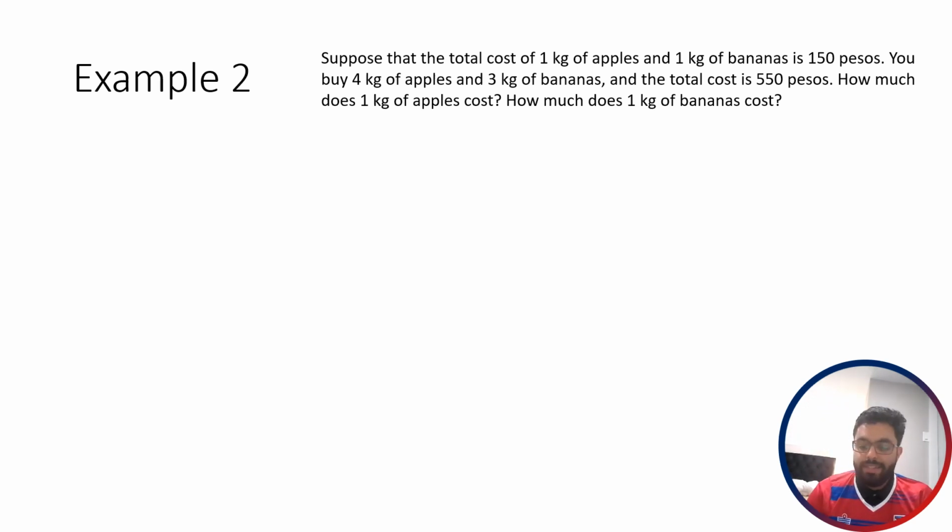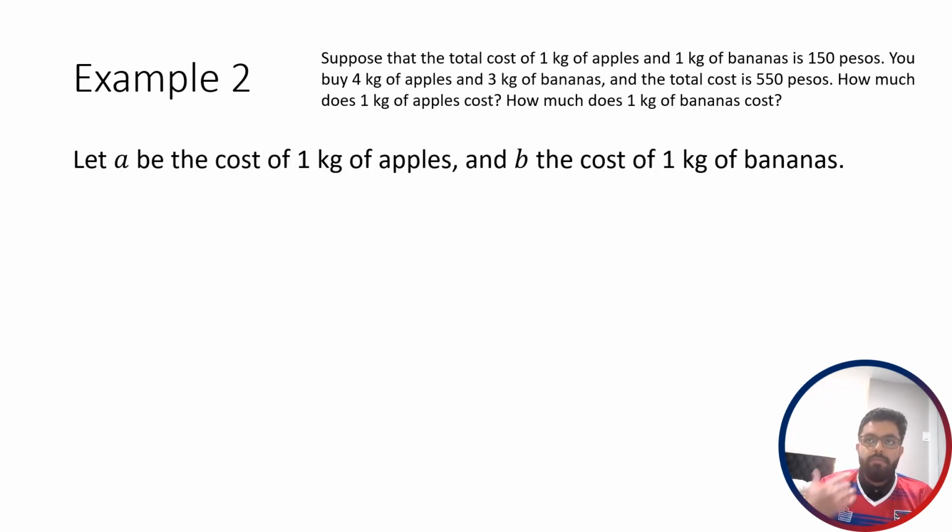I have to write a let statement. I have to say what I'm using each letter for so that somebody else who comes and reads my work doesn't get confused. So let A be the cost of 1 kilogram of apples, and let B be the cost of 1 kilogram of bananas. So there's our let statement.